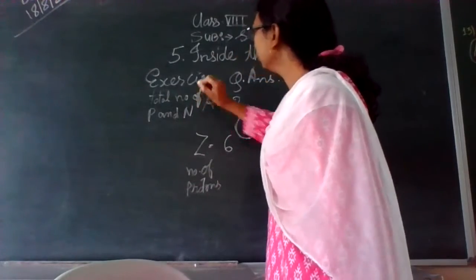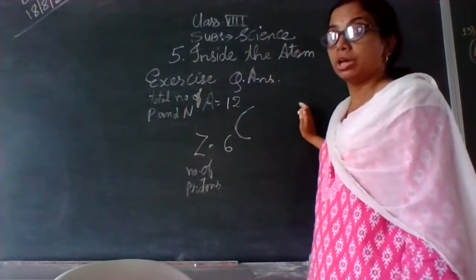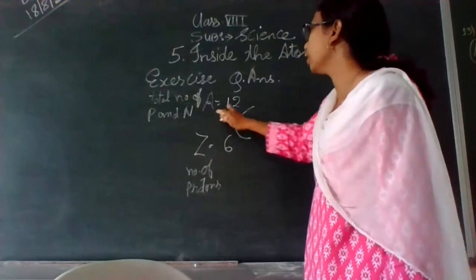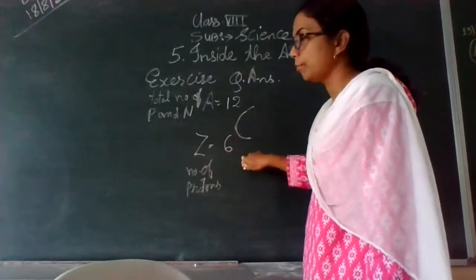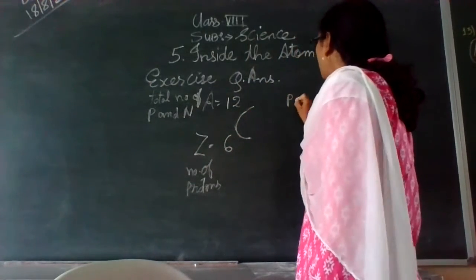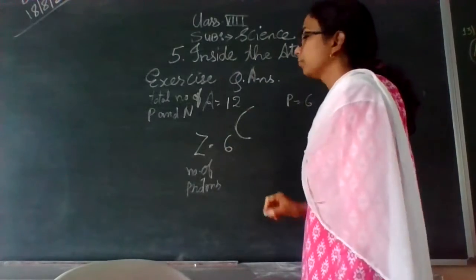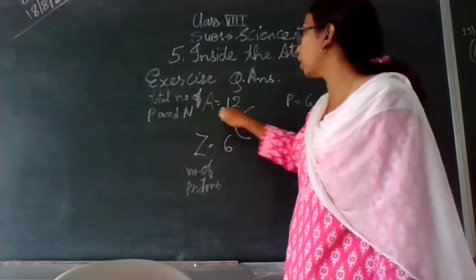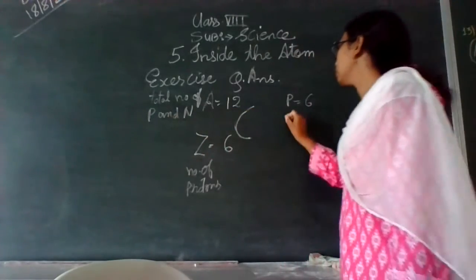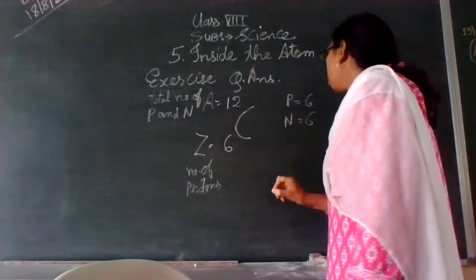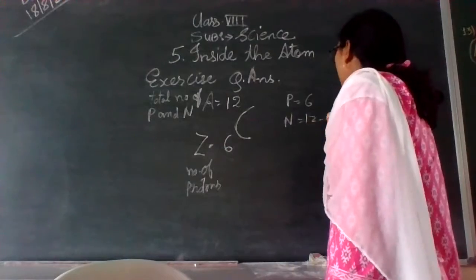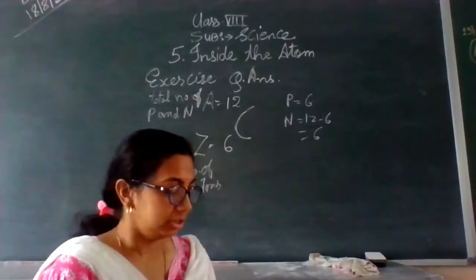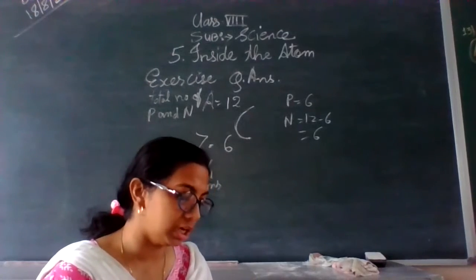So from this symbol, we can understand that when the atomic mass number is 12 and atomic number is 6, that means the number of protons is 6 and the total of protons and neutrons is 12. In that case, the number of neutrons is also 6 because 12 minus 6 is equal to 6. This explanation you have to give over here.